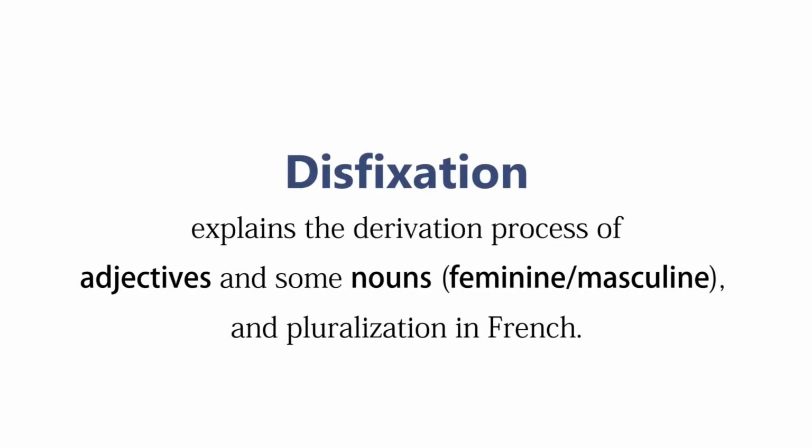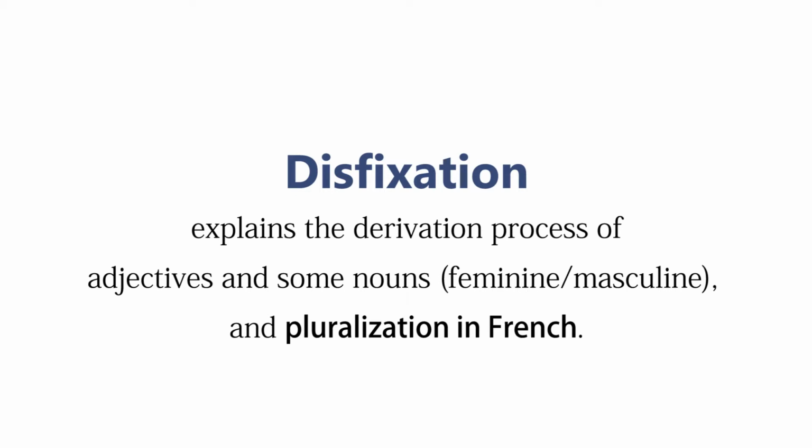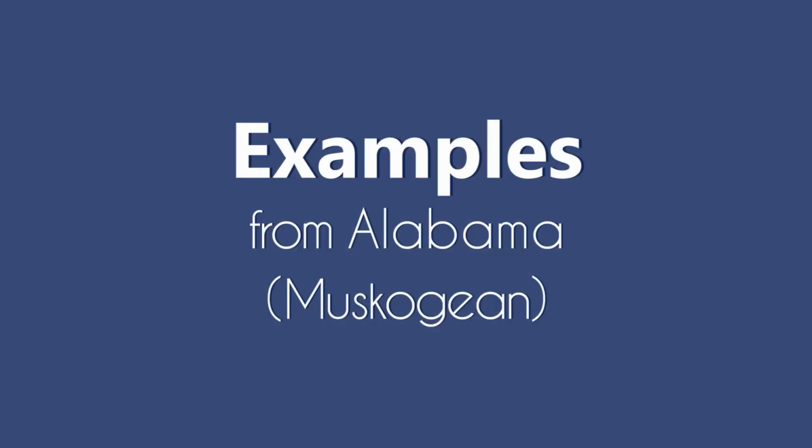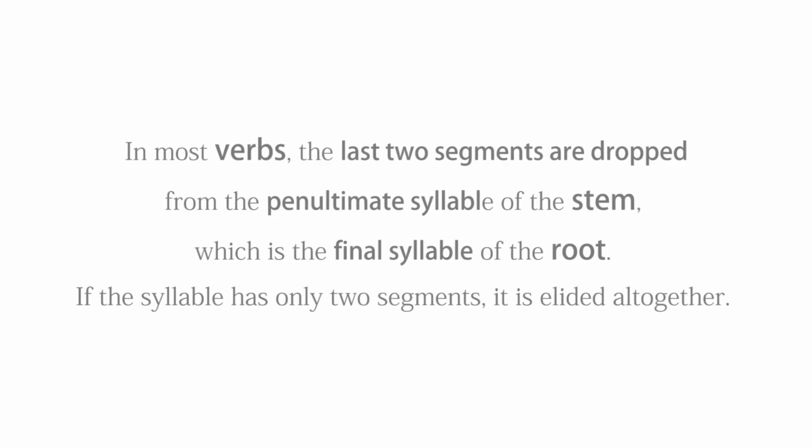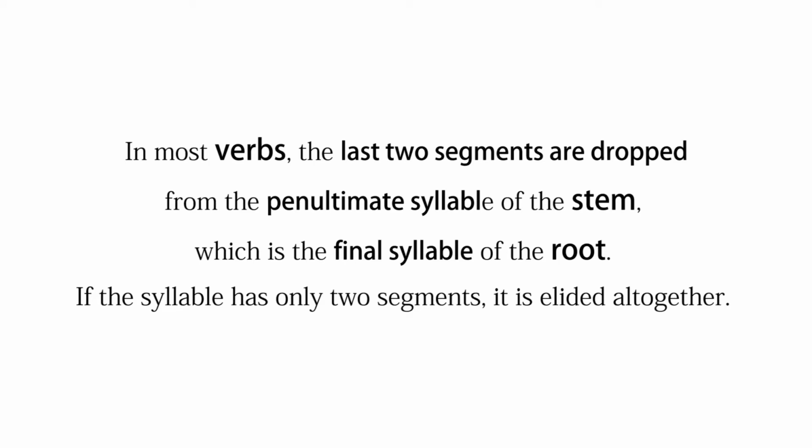Whether you agree with disfixation of feminines to get the masculine in French, it seems to be accurate in the case of pluralization in French, but there are other languages in which disfixation actually exists. For example, in the language we talked about before, the Muskegean family of languages, in the Alabama language, in most verbs, the last two segments are dropped from the penultimate syllable of the stem, which is the final syllable of the root.